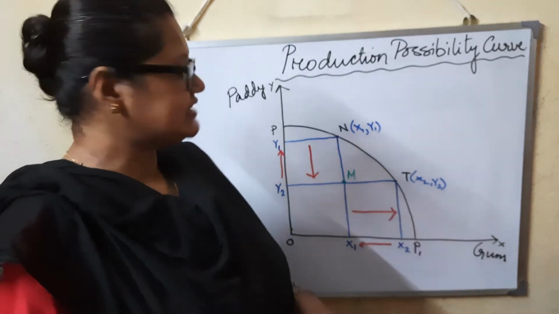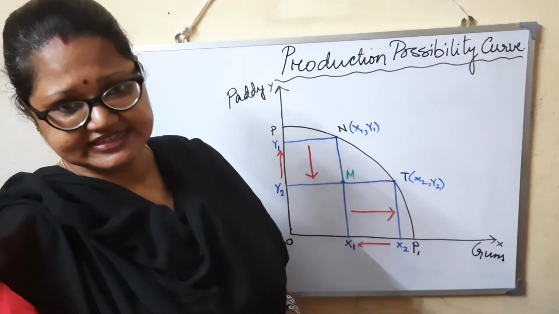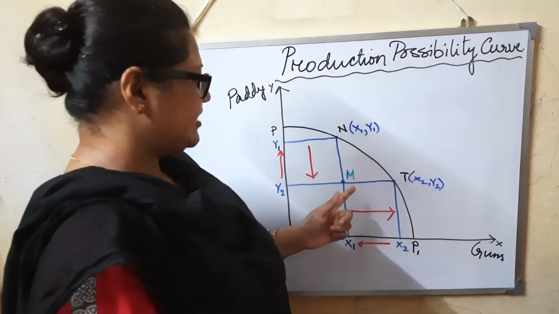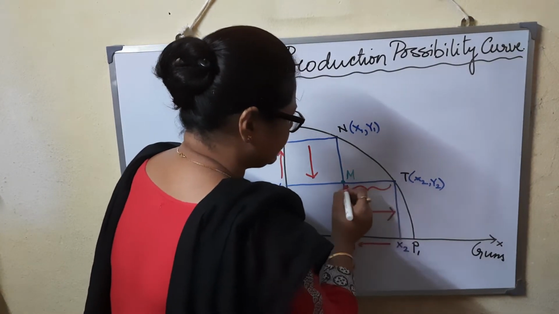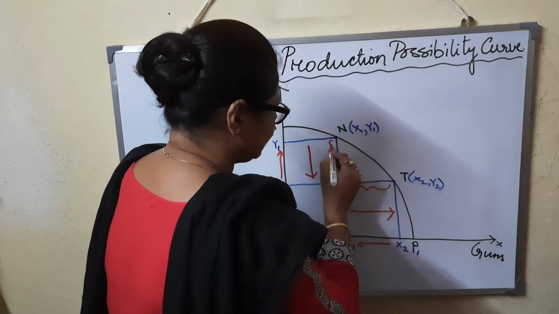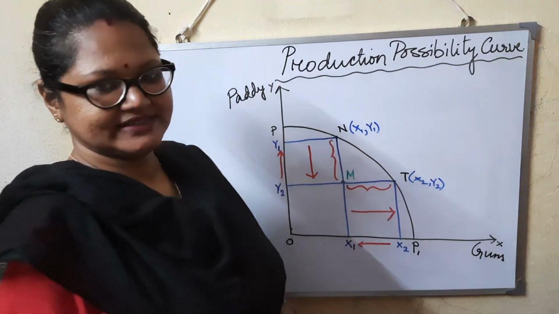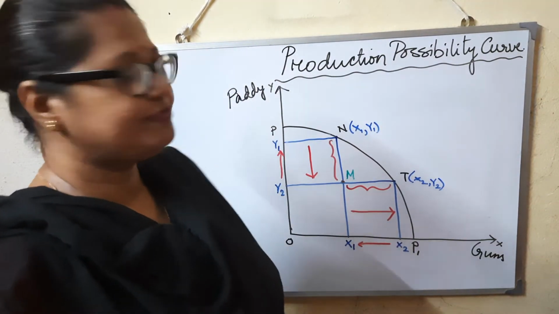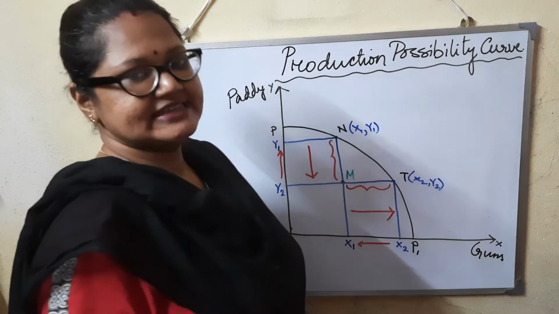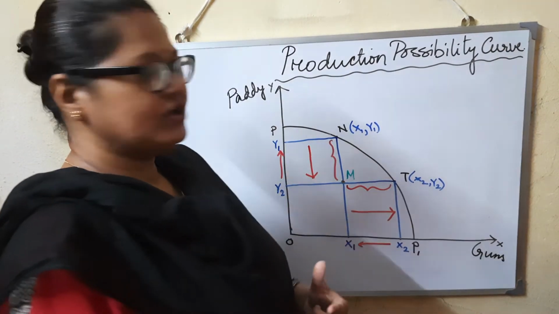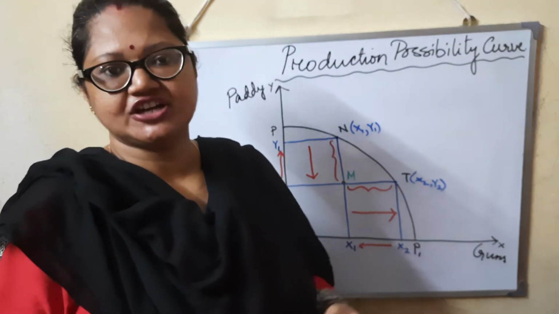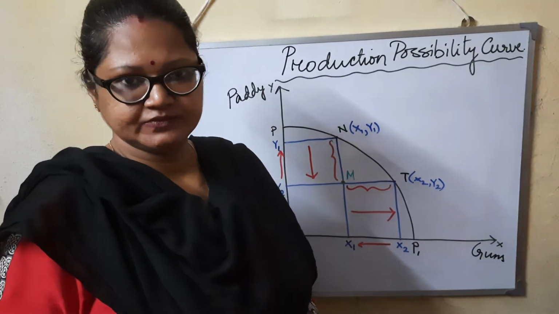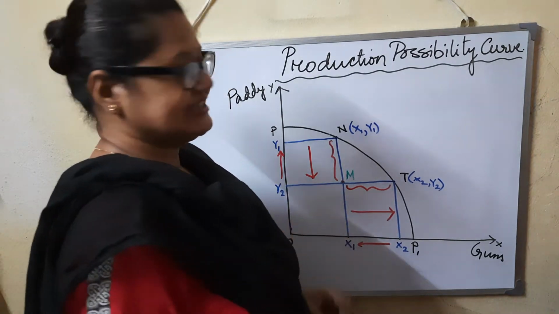If the resources are not efficiently utilized, what happens? There is wastage. So this amount from this point and this amount from this point gets wasted if the country produces at point M. So no country which follows sustainable production, sustainable consumption will be producing at M.